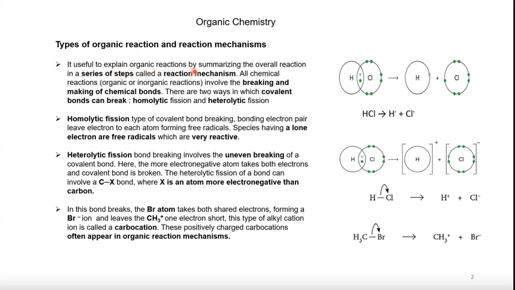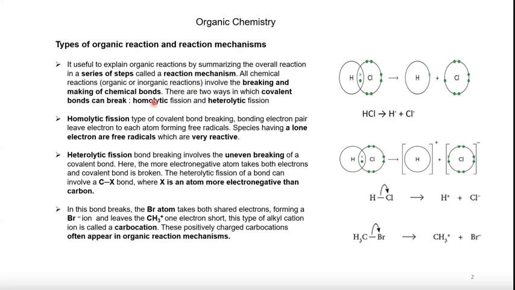Organic reactions, by summarizing the overall reaction in a series of steps, is called reaction mechanism. All chemical reactions, whether organic or inorganic, involve breaking and making chemical bonds. We know in our earlier lectures that many organic compounds have covalent bonds.